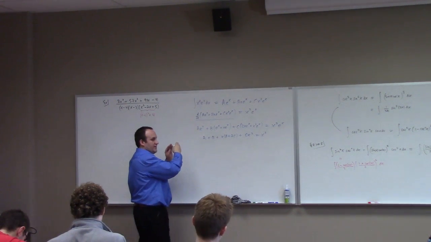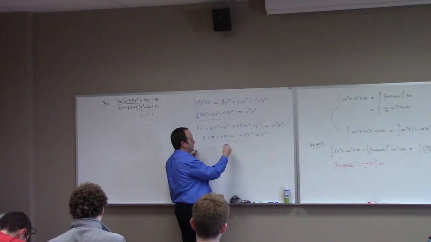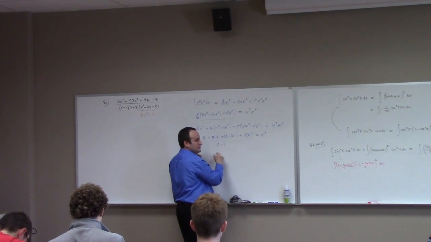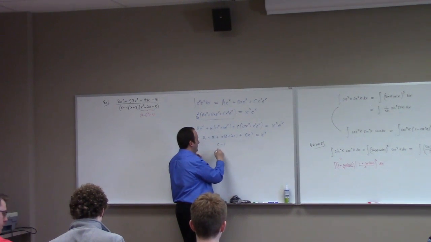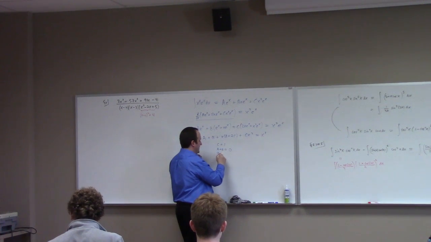And then I've got this quadratic is equal to that quadratic. I can equate coefficients, right? You can see from this immediately c equals 1, and a plus b equals 0, b plus 2c is equal to 0.